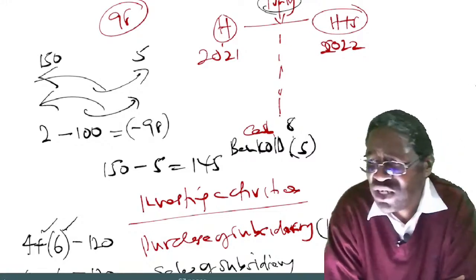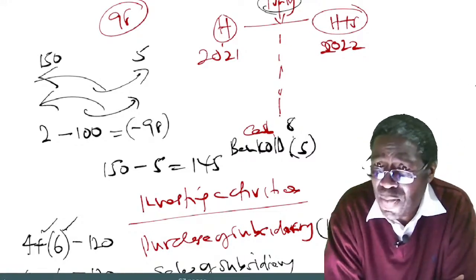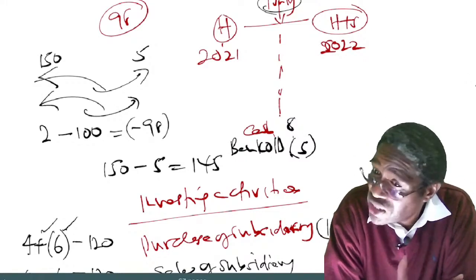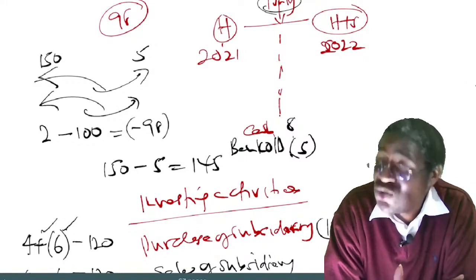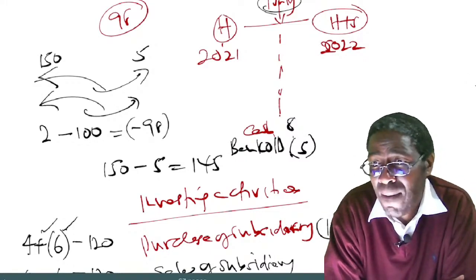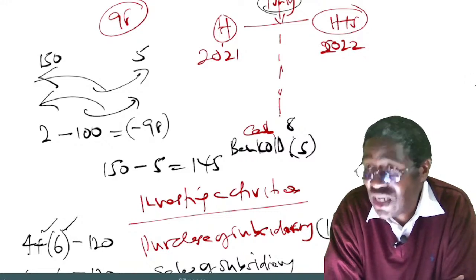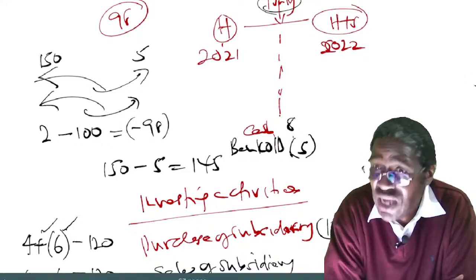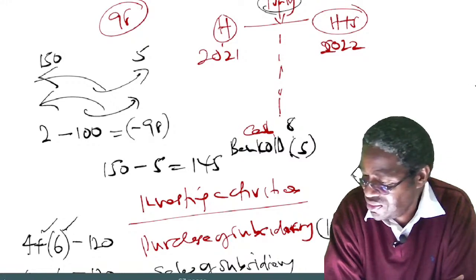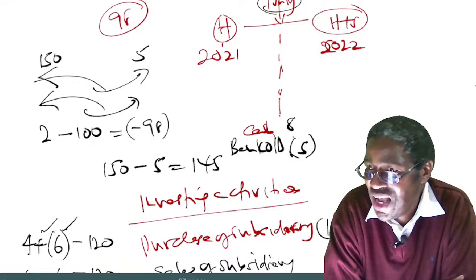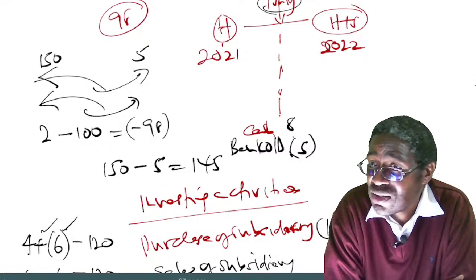Why are we getting different answers? And yet I've already explained. Take what came in, minus what went out. I'm seeing different answers.